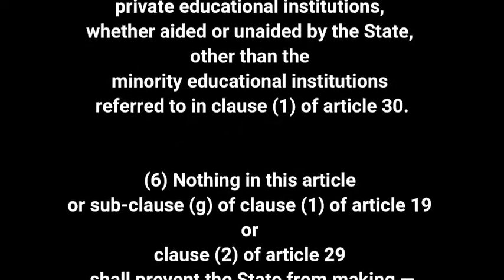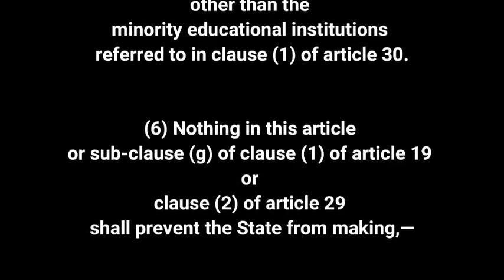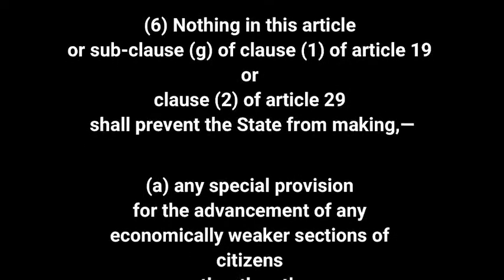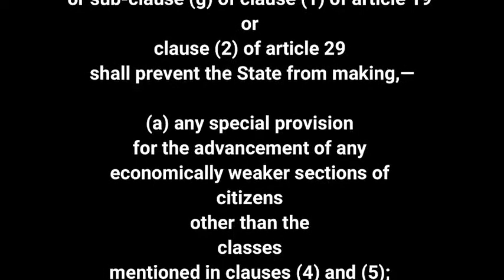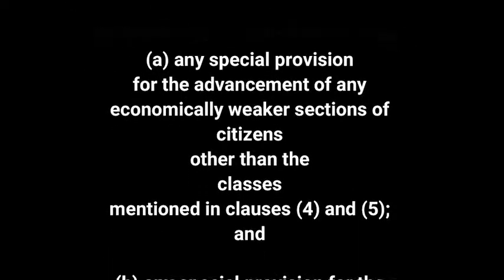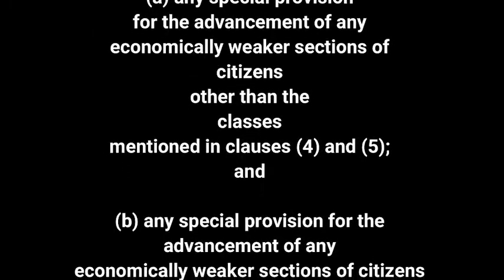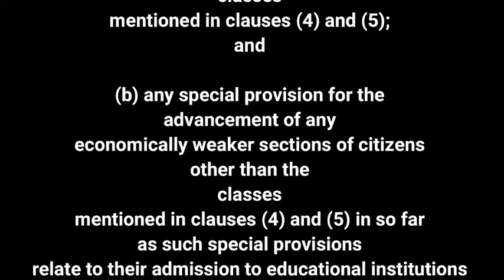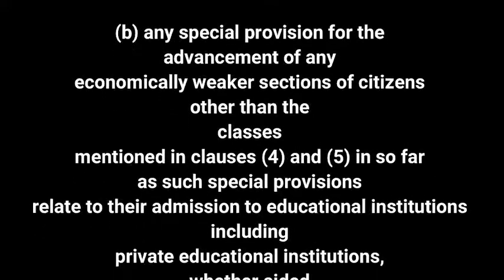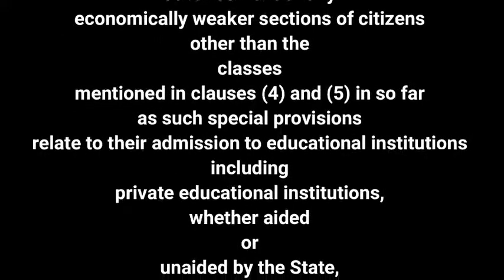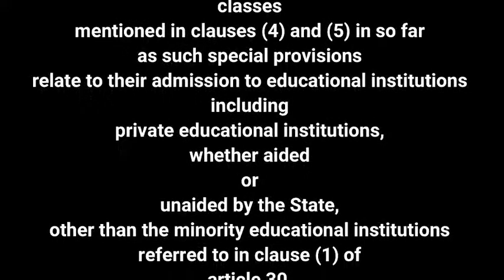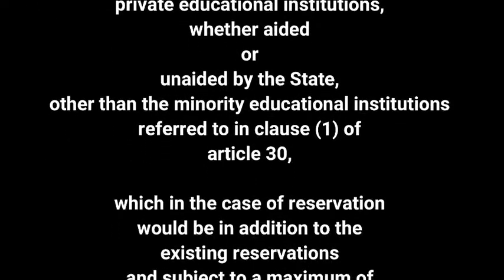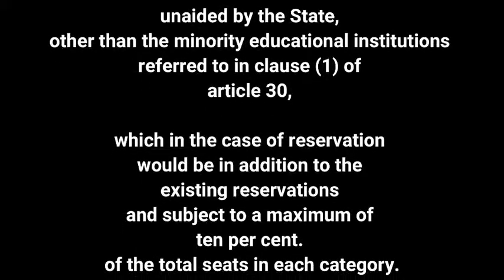Nothing in this article or subclause G of Clause 1 of Article 19 or Clause 2 of Article 29 shall prevent the state from making any special provision for the advancement of any economically weaker sections of citizens, other than the classes mentioned in clauses 4 and 5, and any special provision for the advancement of any economically weaker sections of citizens other than the classes mentioned in clauses 4 and 5, insofar as such special provisions relate to their admission to educational institutions, including private educational institutions, whether aided or unaided by the state, other than the minority educational institutions referred to in Clause 1 of Article 30.